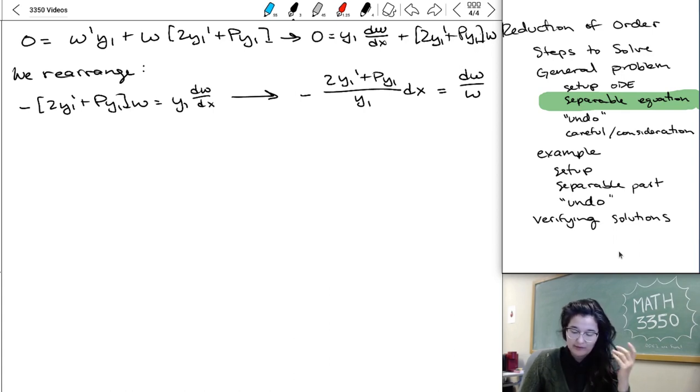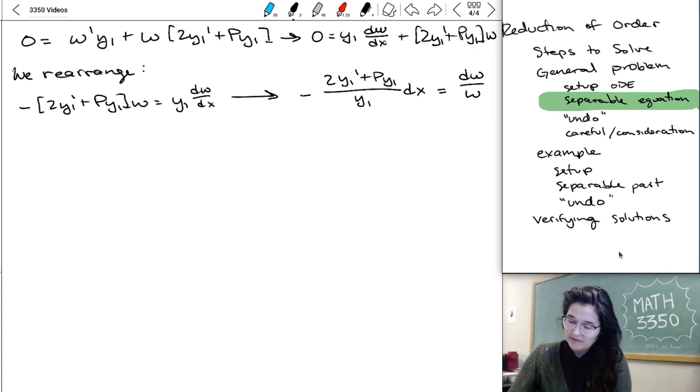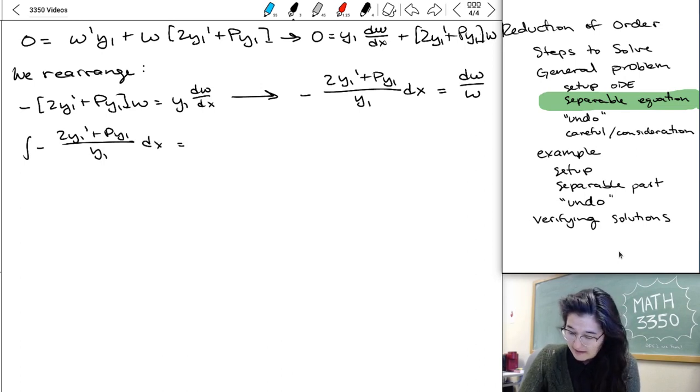So then at this point, hopefully we can see that it's separable and we just have to integrate both sides. So we're going to get that the integral of this thing, not sure how I would do it yet, but I'm going to write it down anyhow, is equal to the integral of dw over w.